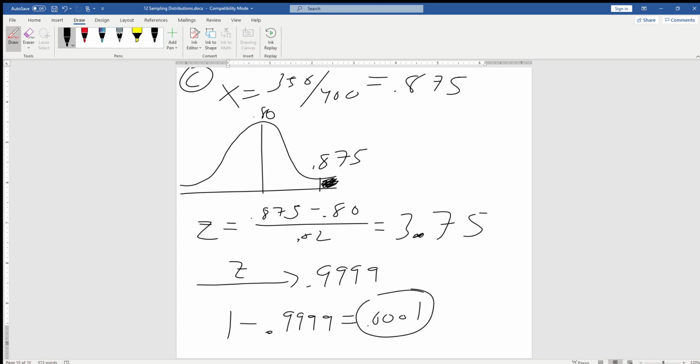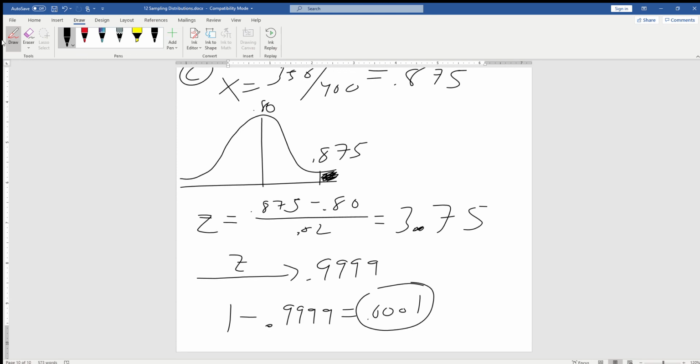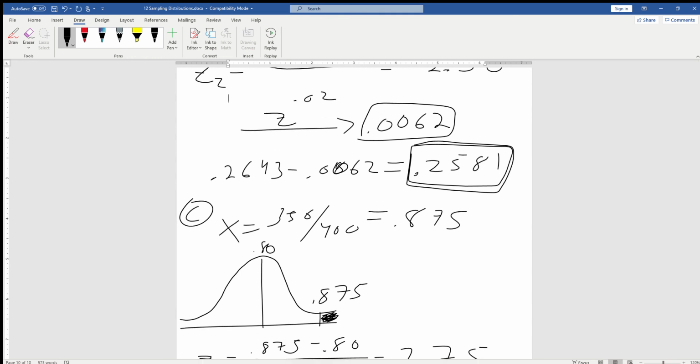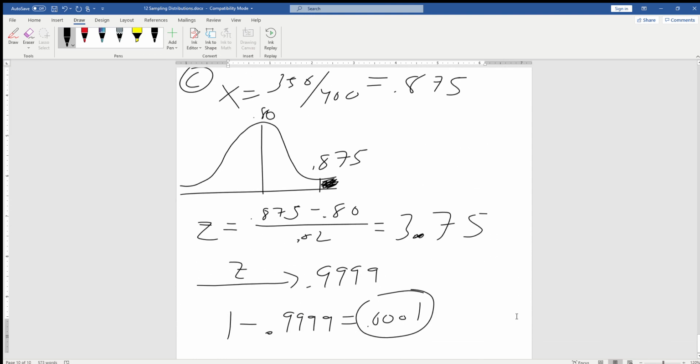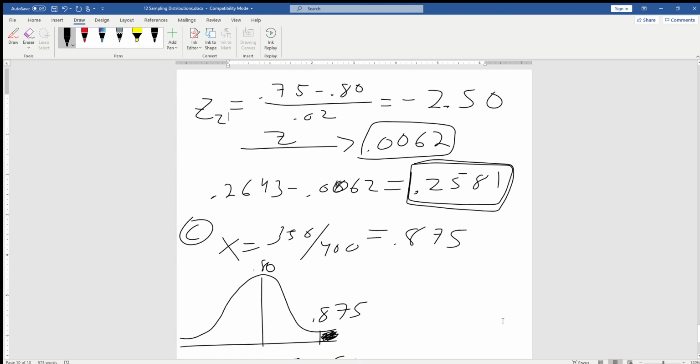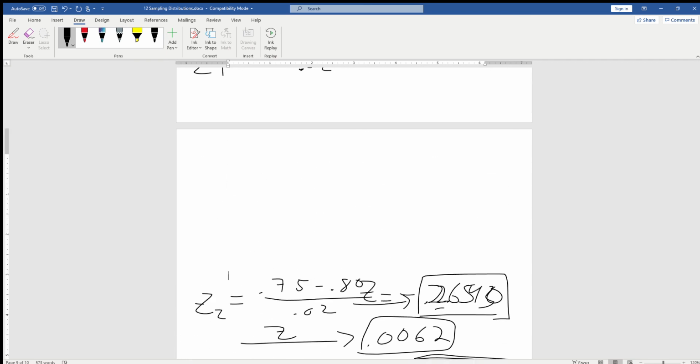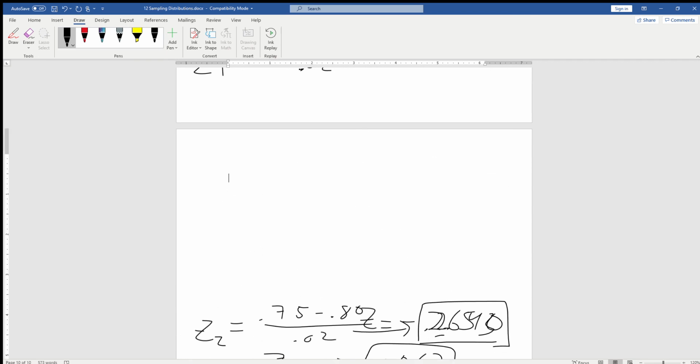So let me just show you what happens if that does occur. Let's say for some reason that you encounter a solution in your calculator like this: 1e minus 4.